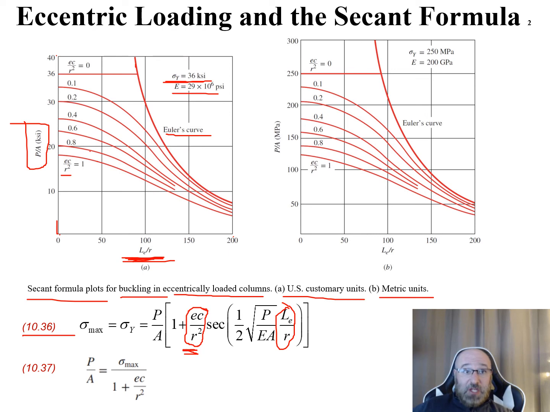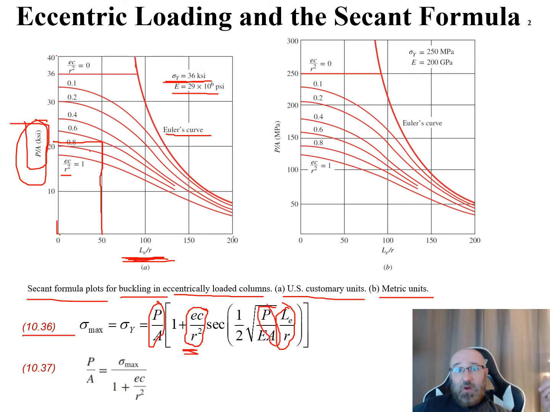If we knew our slenderness ratio and our EC over R squared ratio, we could come up. Let's say the slenderness ratio was 50 and EC over R squared was 0.6. We come across and get a value of approximately 21 or 22 for P over A in KSI. Then we could plug this value into our equation 10.36.